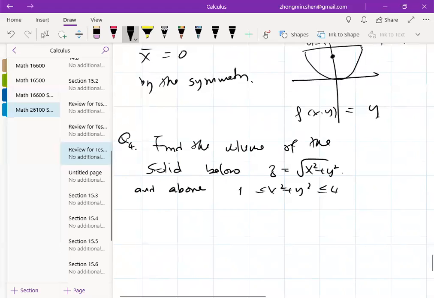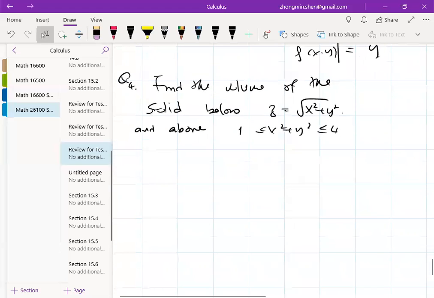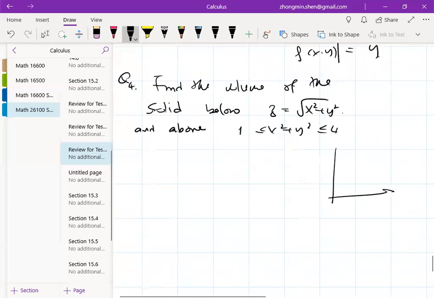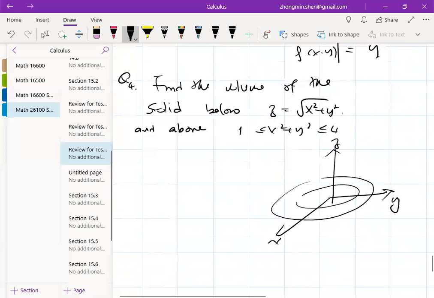All right, so step 1, you have to draw the graph. I think the challenging part is to draw the 3D graph quickly. X squared plus y squared between 1 and 4 is going to be this ring. Okay, so this is a ring, and the solid is below this cone.